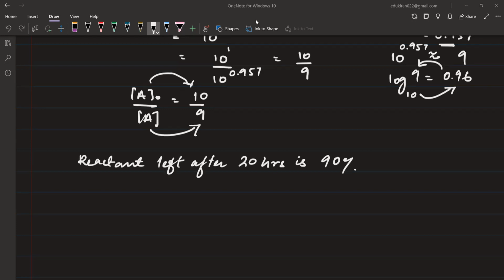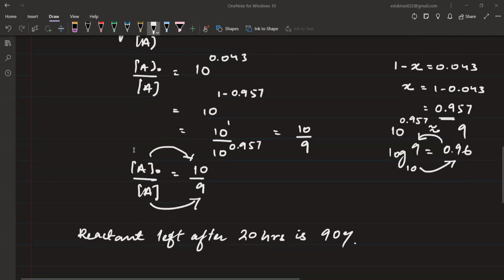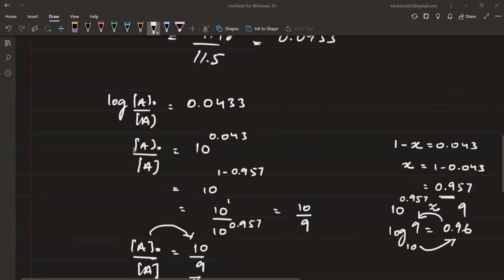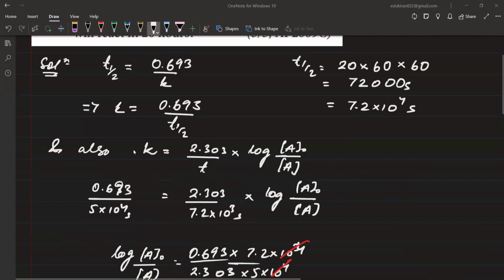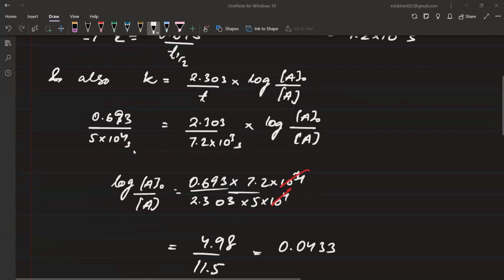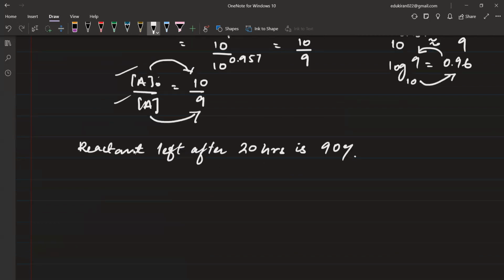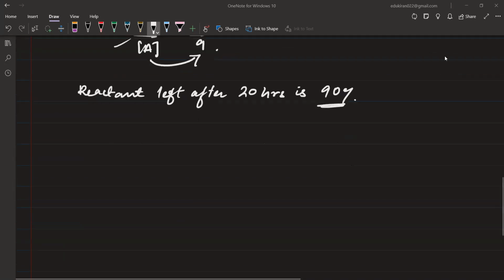Why? Because they have not given us the initial concentration. They asked what percentage of the initial reactant will react in 20 hours. We have got the ratio of initial to final concentration, and from here you can relate that if initial was 10, final is 9. That means in percentage, 90% will be left. Yes or no?